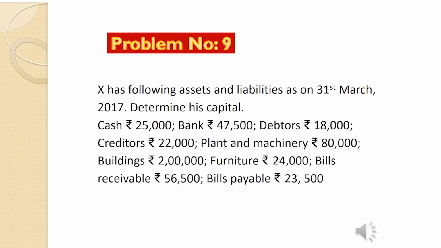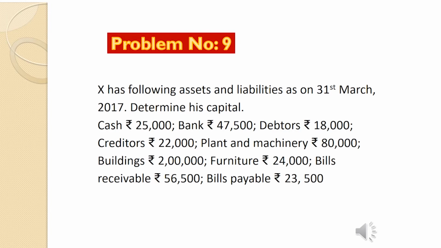So now we have to calculate the amount of capital. Capital is equal to assets minus liabilities. The difference between assets and liabilities is equal to capital. What are the assets given here? Cash, bank, debtors, plant and machinery, building, furniture, bills receivable.